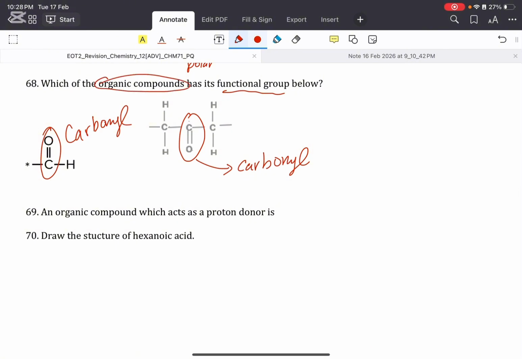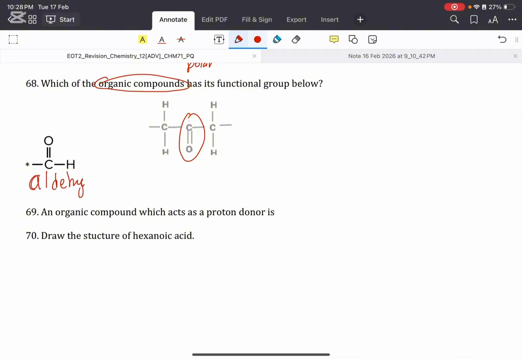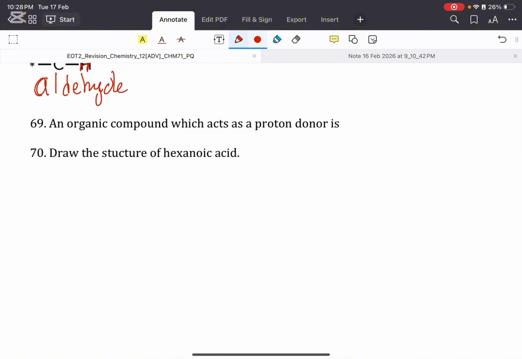As a functional group, they have the same functional group. But what's the name of the compound itself? This belongs to the family of aldehydes, and this belongs to the family of ketones, because here I have a carbon and here I have a carbon, whereas here I have a hydrogen.